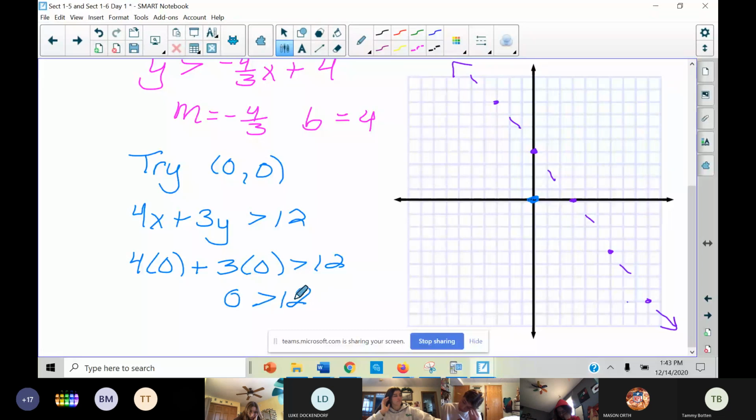Is 0 greater than 12? No. So what that means is that I'm going to shade on the opposite side of the line away from the origin. So I'm going to shade this way. Because 0, 0 was not a true inequality, I shade the opposite direction.